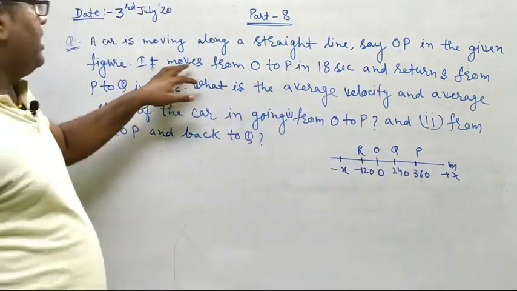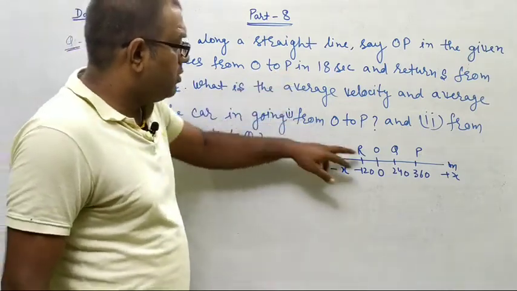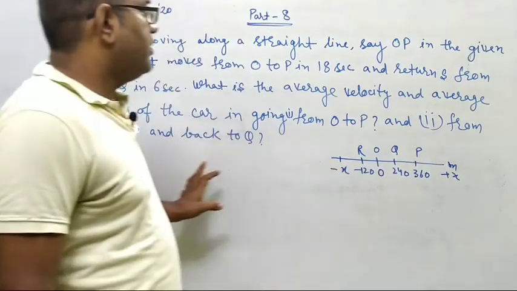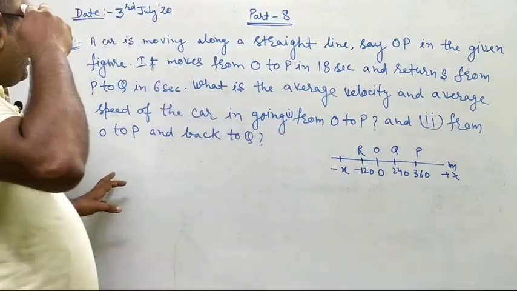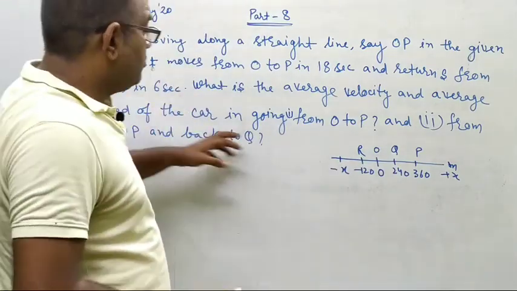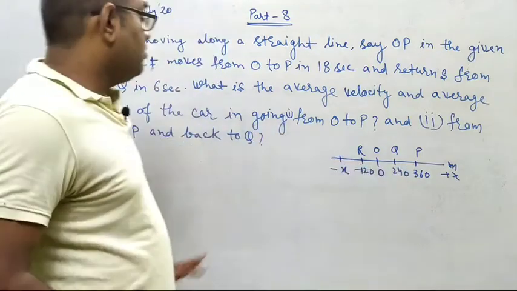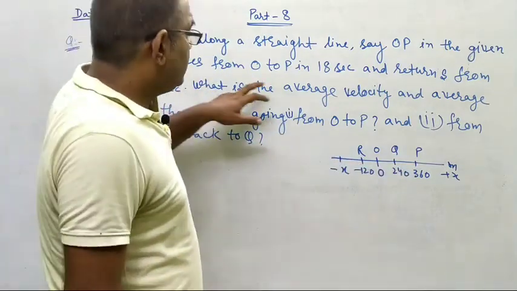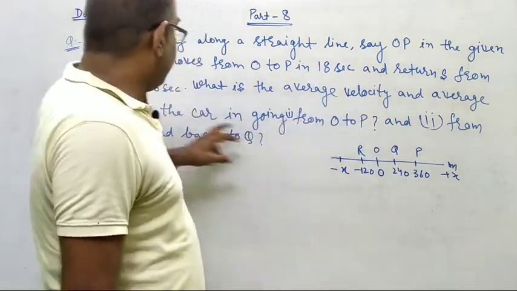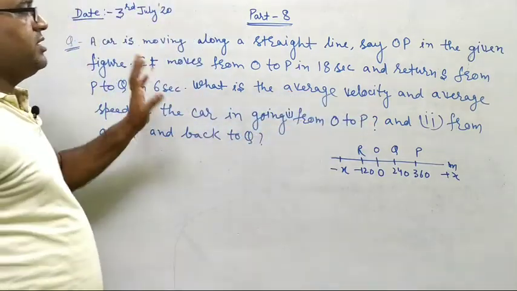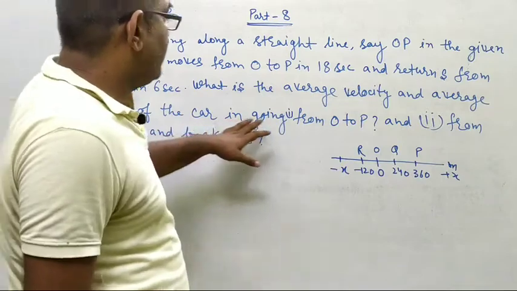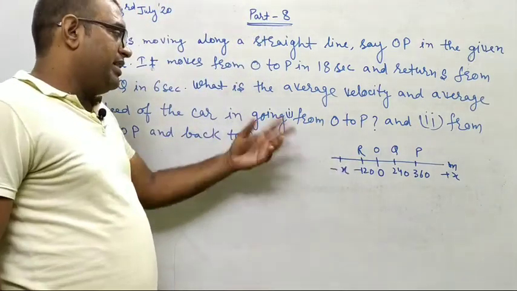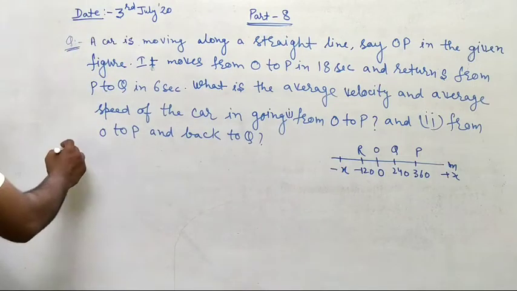It moves from O to P in 18 seconds, and returns from P to Q in 6 seconds. What is the average velocity and average speed of the car in going from O to P, and from O to P and then back to Q? Very simple.